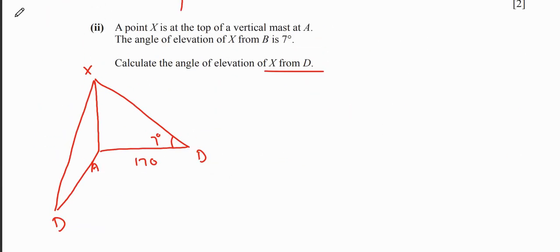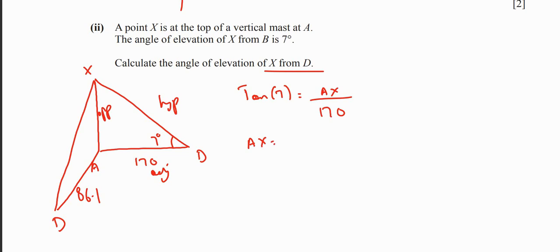So this is opposite, this is hypotenuse, this is adjacent. So we will use tan. We will say tan 7 is equal to opposite, which is AX, upon adjacent, which is 170. AX is equal to tan 7 multiplied by 170. AX is equal to 20.9.